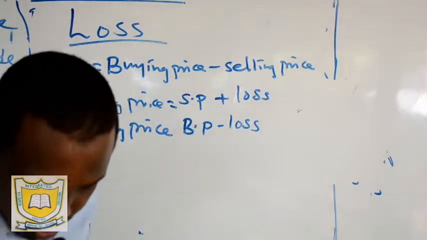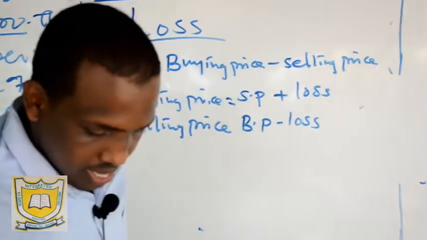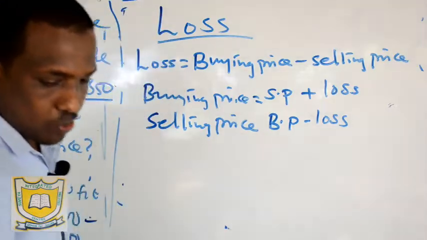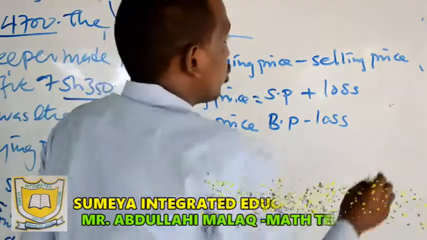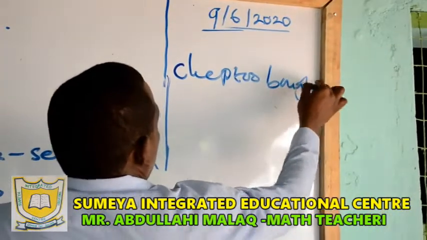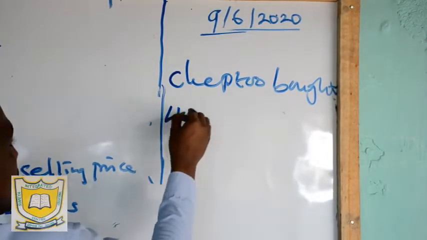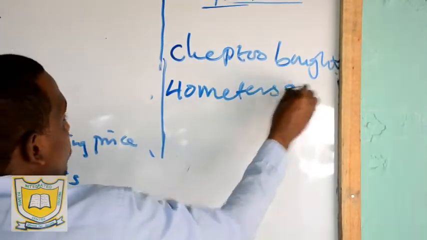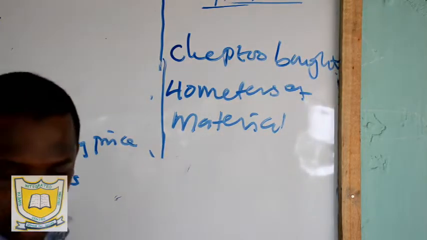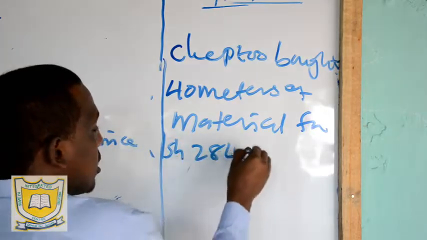So let us see a question. Chepto bought 40 meters of material for shillings 28.40.